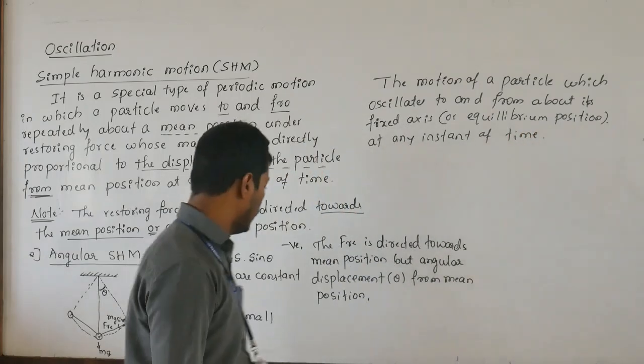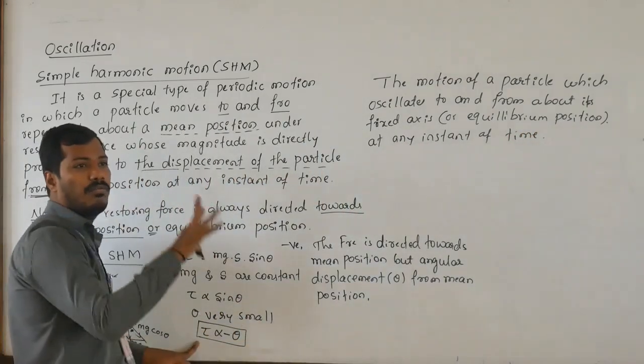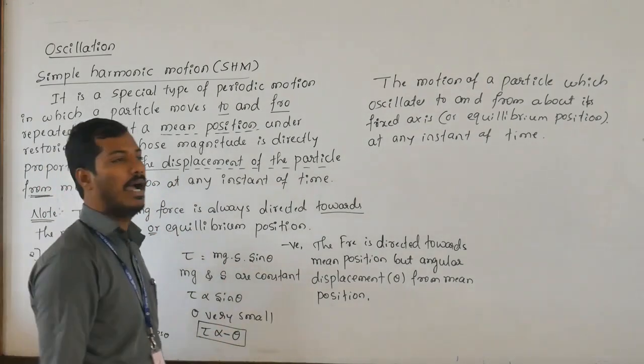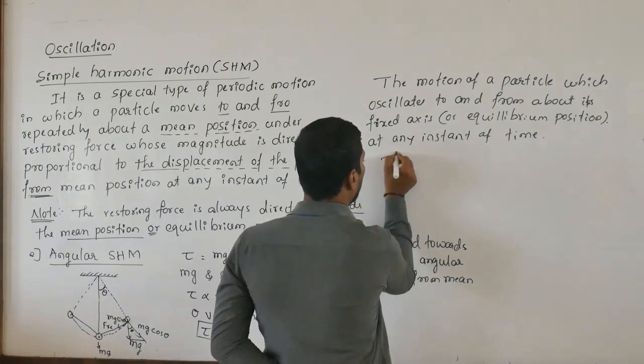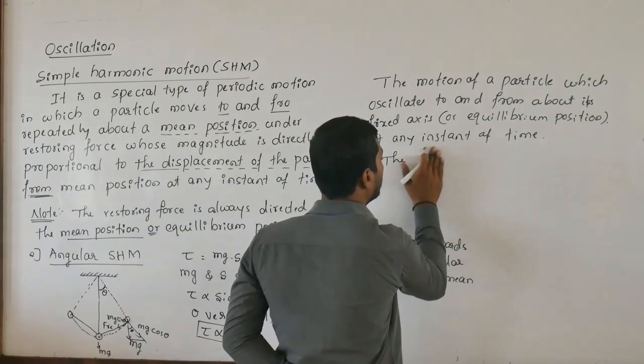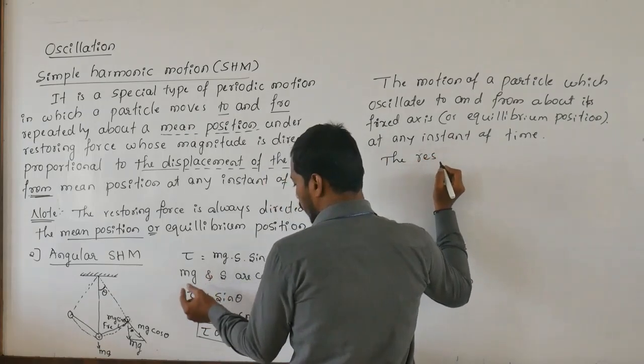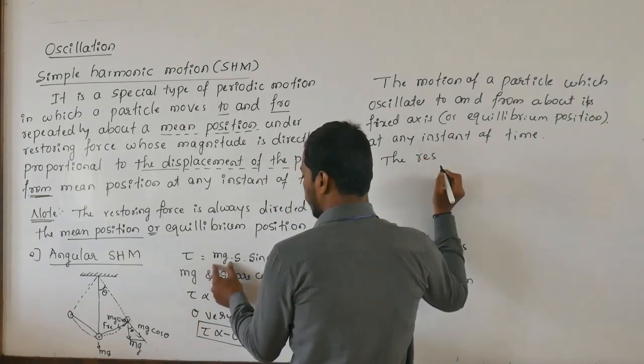In this situation, the torque of the particle is directly proportional to the angular displacement. The torque, also called restoring torque because the restoring force is applied here, mg sin theta.